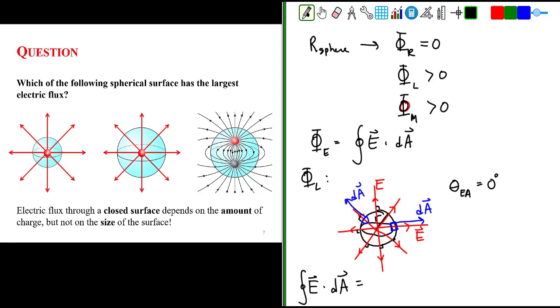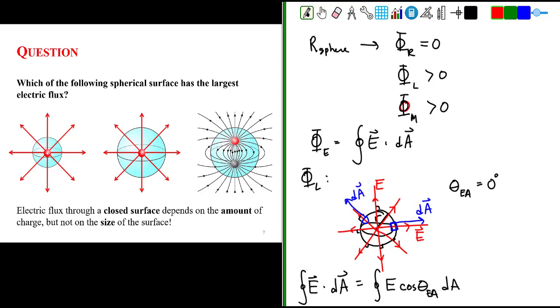So here we have the electric flux across that sphere. Now let's rewrite this integral using an alternative form of the dot product, which is the magnitude of the electric field times the cosine of the angle between the electric field and an area element times our area element.